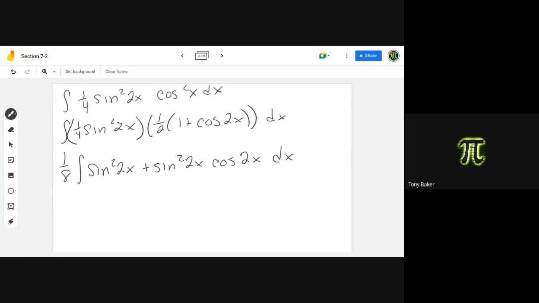All right. So we can now split this into the integrals of each piece. So let's look at this part first.